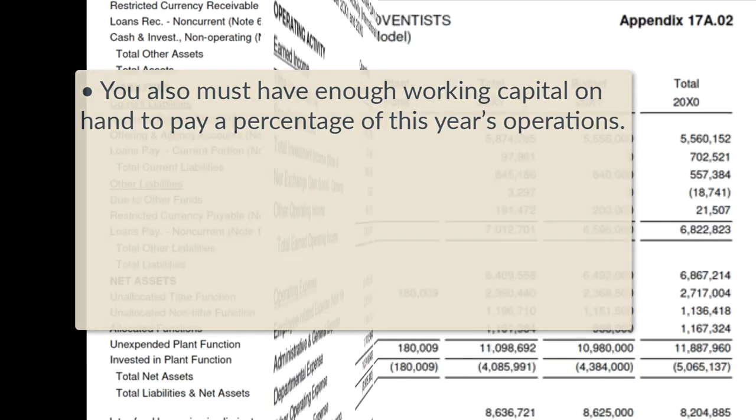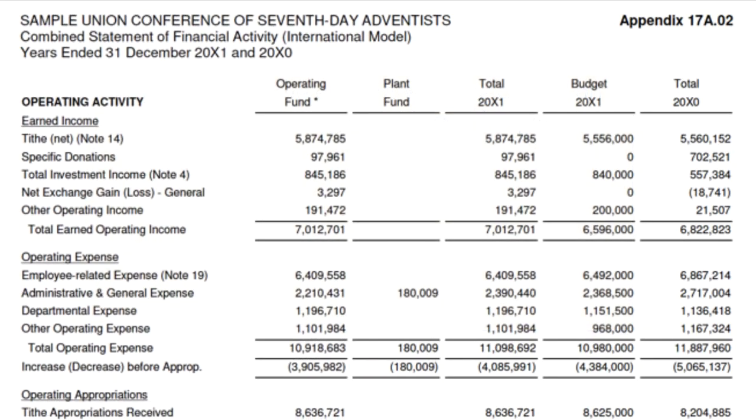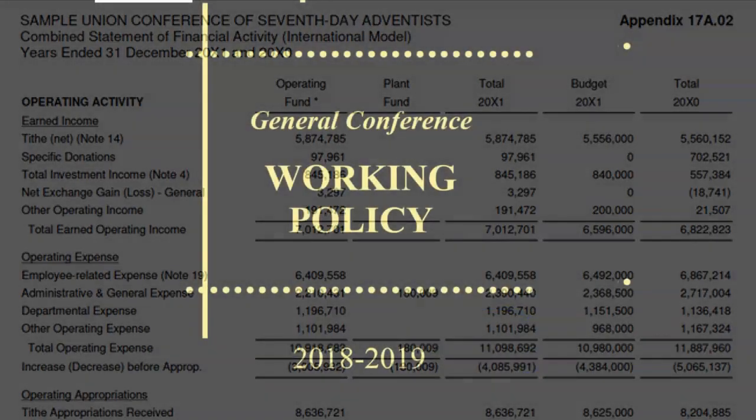Okay, so if you go down into your operating statement, we haven't really worked with it so much, but we have our operating expenses for the past period. We should have a certain percentage of that also. Okay, so without any further ado here, let's just jump over and look at the policy.